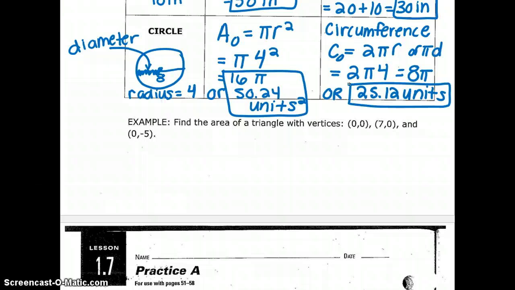The next example we're going to look at is on a coordinate plane. Find the area of a triangle with vertices 0, 0, 7, 0, and 0, negative 5. So I'm going to just sketch out that grid.